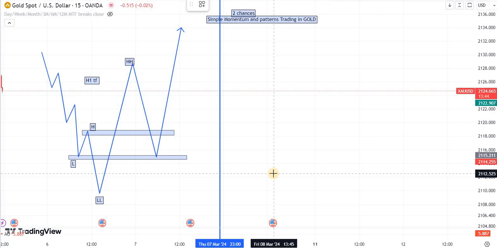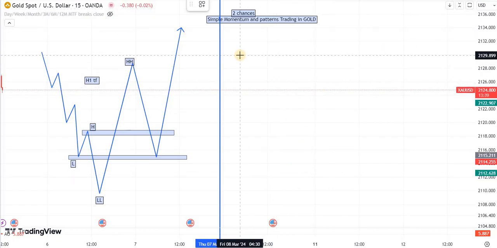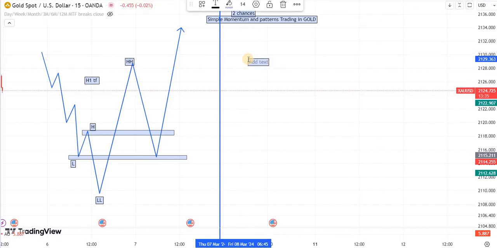So what is the next step? What to do next? Let's go first of all to a lower time frame, the 15 minute, or we can say 30 minute, or we can say the M5 time frame.